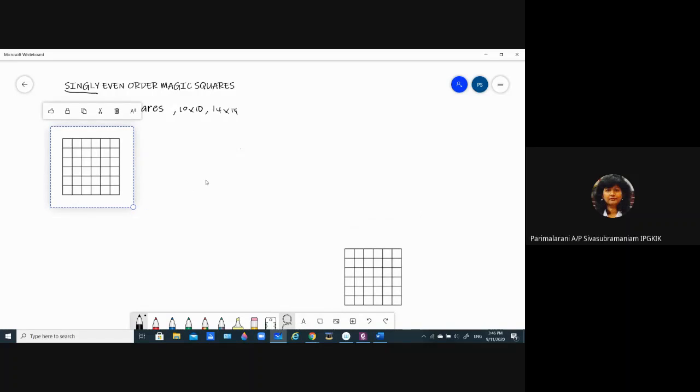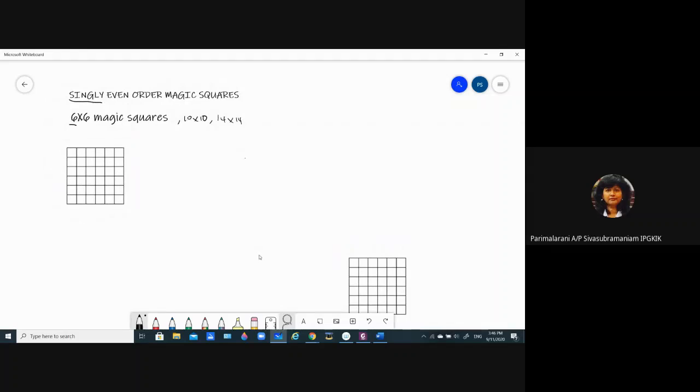If we fill it in as a normal magic square, the numbers will start from 1, 2 up till 36. So what is the magic constant here? What is n? 6.